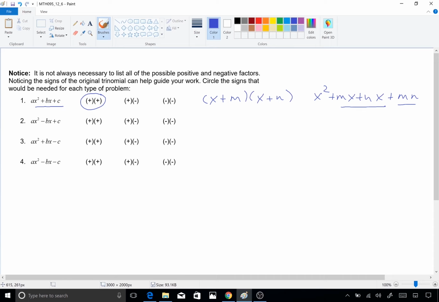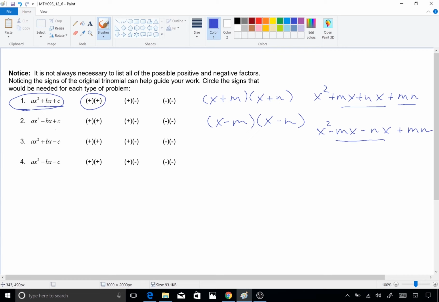But negative times negative is positive, so could it also be x minus m times x minus n? No, because then we have x squared minus mx minus nx plus mn. This middle term is negative, not positive like we want. So the factors for this form could only be plus and plus.